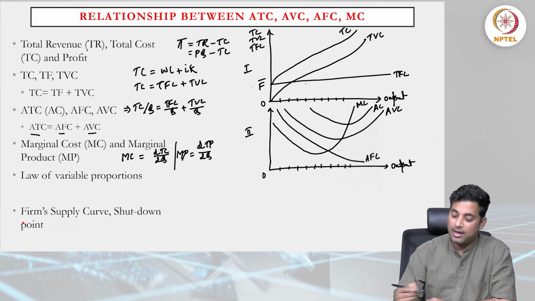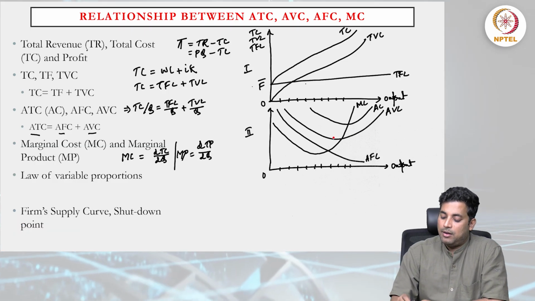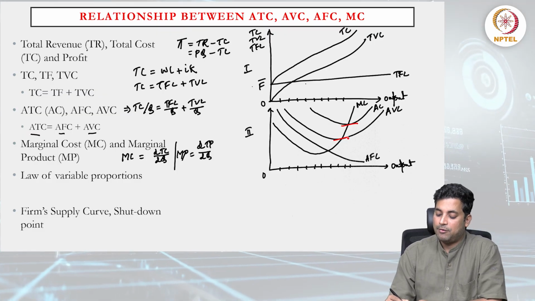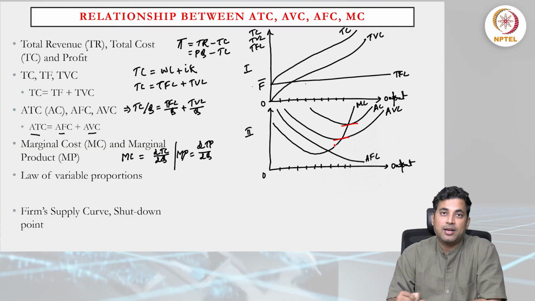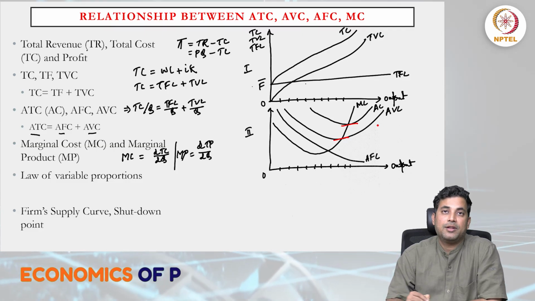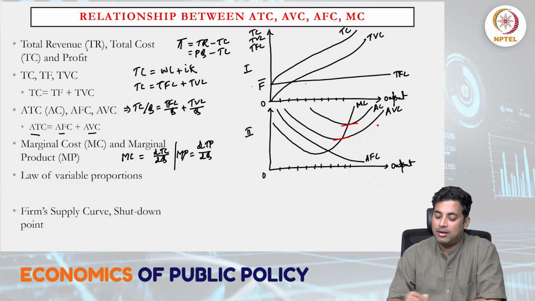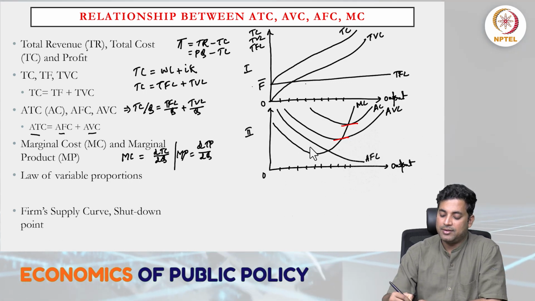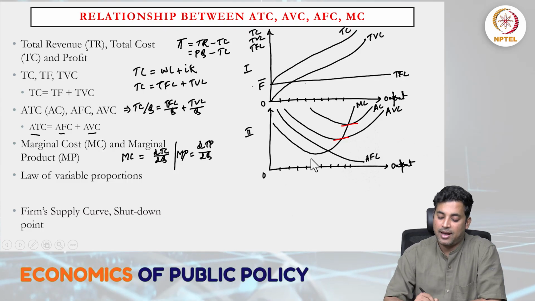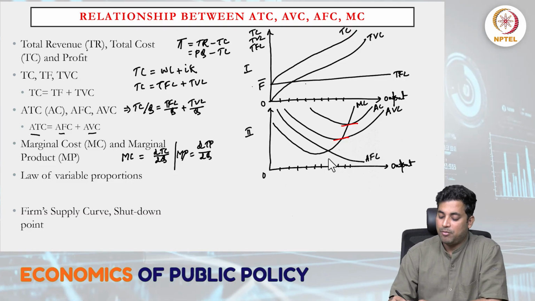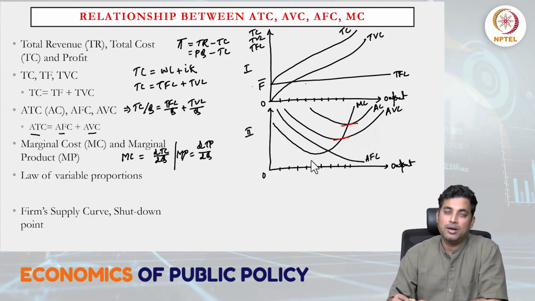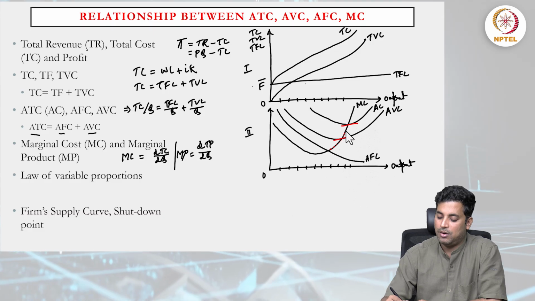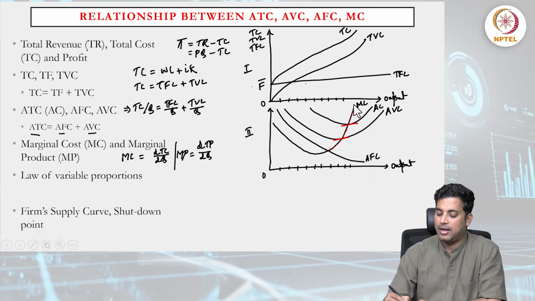And we are not discussing this point in detail because I suppose you already know that first average variable cost will reach its minimum, and then average cost will reach its minimum, and marginal cost first decreases and reaches its minimum point, and then it starts increasing, and it will touch two minimum points.